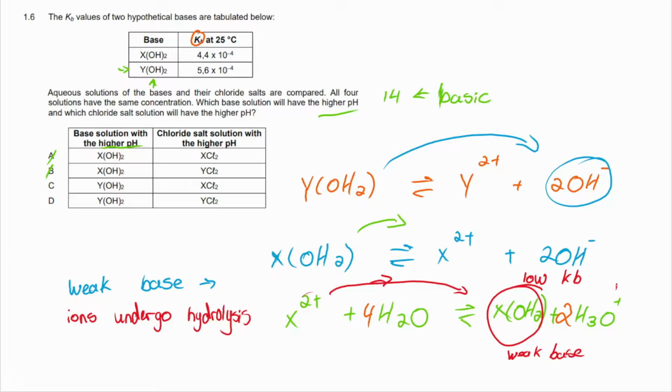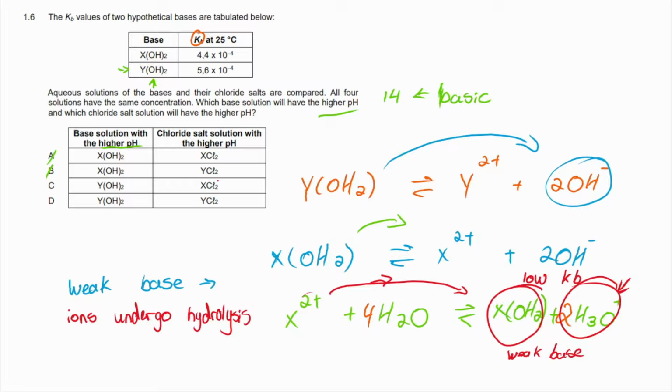What that means is we're going to be producing more hydronium ions, and hydronium ions cause our pH to drop. So this salt over here, if we have these ions over here, we know we are going to have a lower pH.